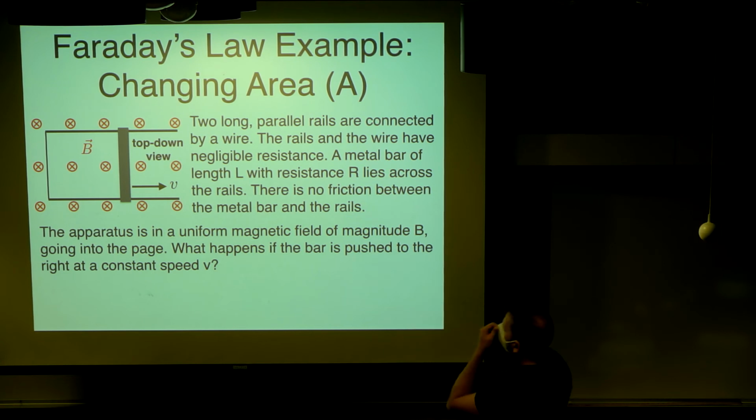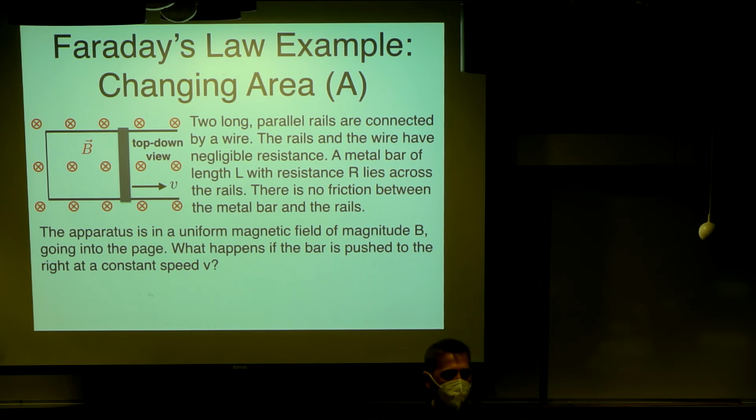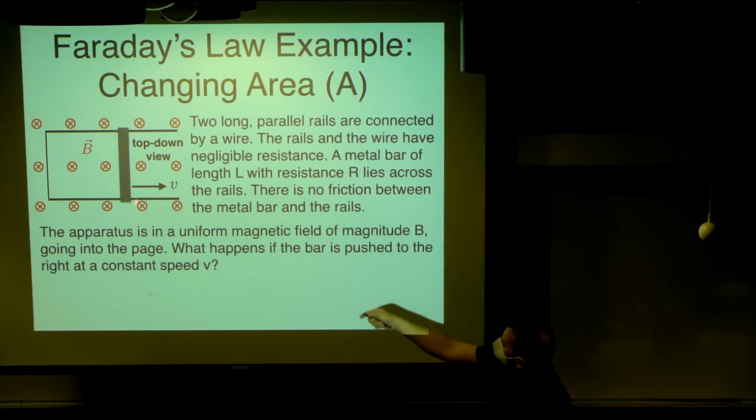But what we have is a metal bar with length L, which we put across the rails. And in doing so, we can create a complete circuit, right? We're also going to say that there's a resistance in this bar, which we'll call R, okay? So length L, resistance R is this metal bar that we place across the rails.